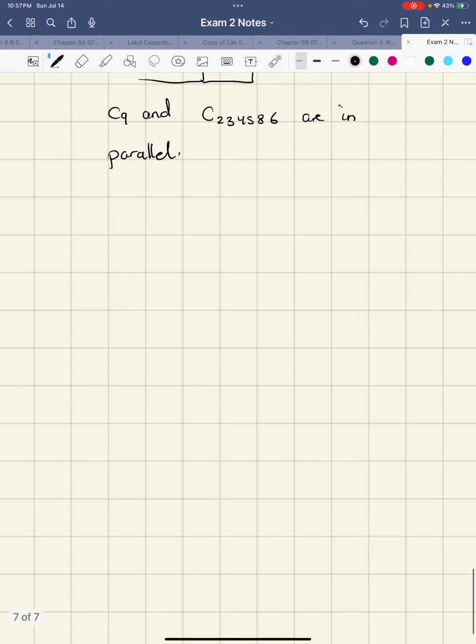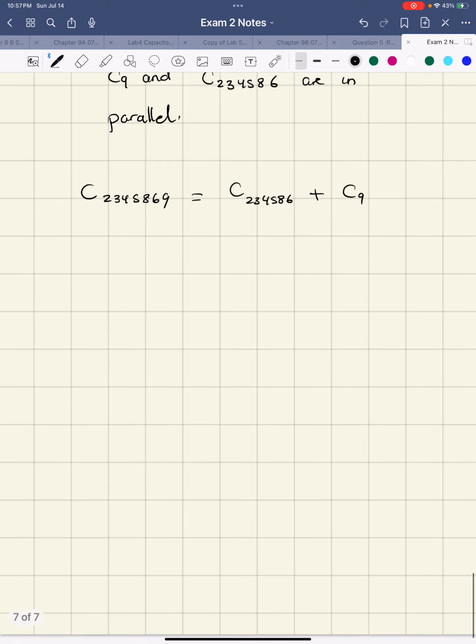And then here I will say C2,3,4,5,8,6,9. It is C2,3,4,5,8,6 plus C9. And again, I have 2.3 microfarad plus 4.6 microfarad, and that equals 6.9.